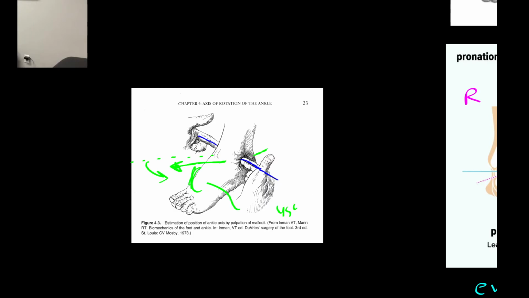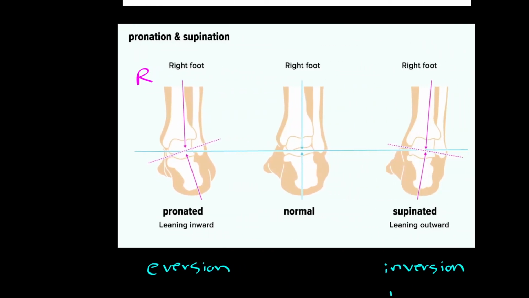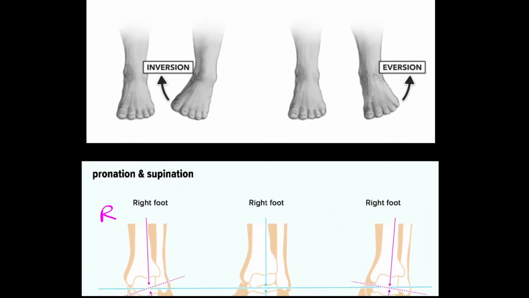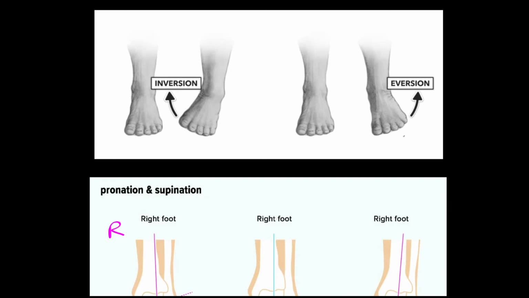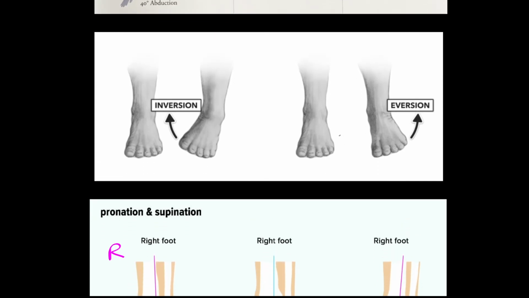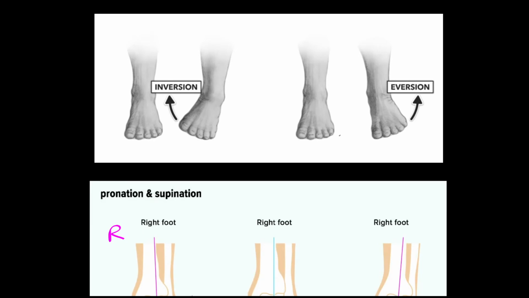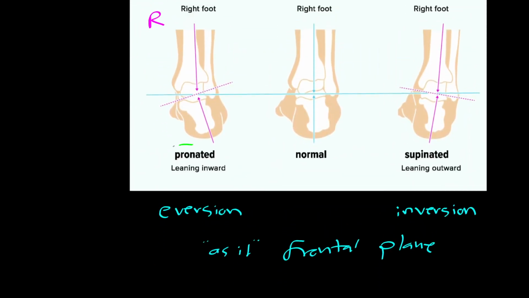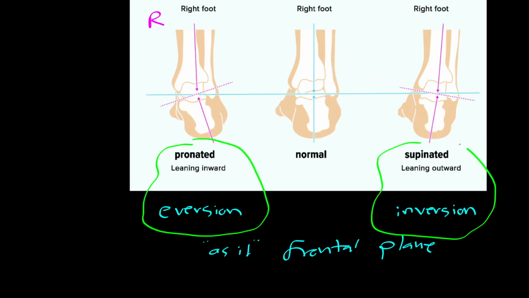So if you're confused, that's okay, because this is very confusing, and this is not something that you will necessarily see explained in great detail, even in some of the anatomical literature out there. So for our purposes, pronation, eversion, interchangeable, supination, inversion, interchangeable.